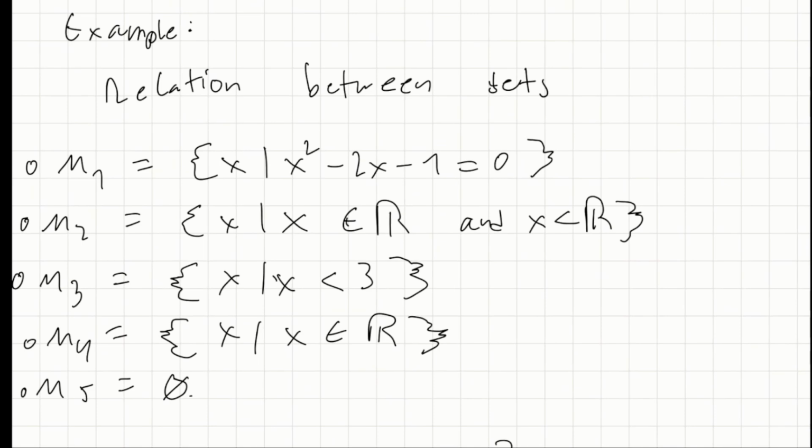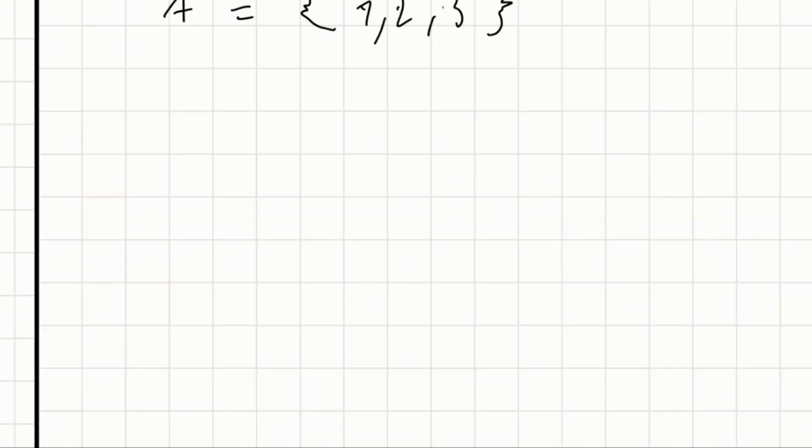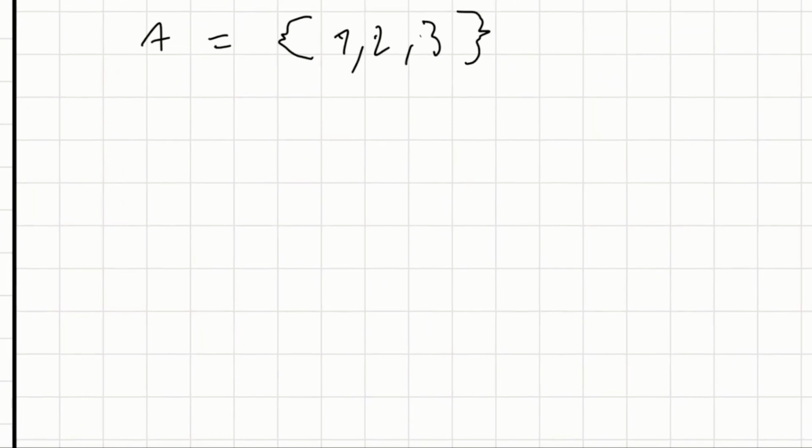What I'd like you to do is just pause the video, have a look at M1, M2, M3, M4, and M5, and see what the relations between M1 and so on are. One piece of advice: always try to see which are the biggest sets and which are the smallest sets, and then look at the others, but make a bit of structure if you do relations of sets.